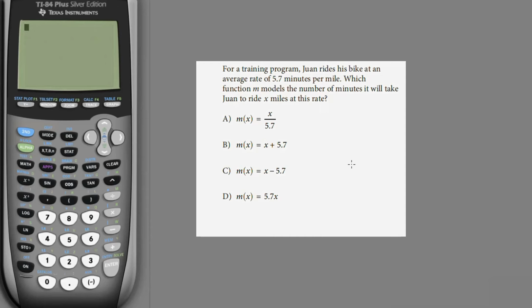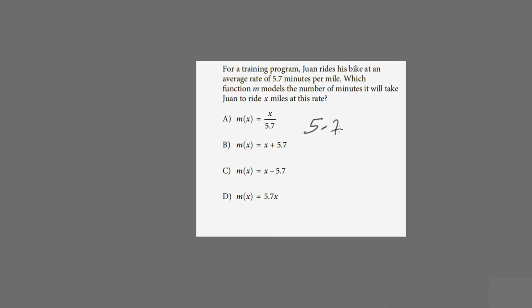Okay, so guys, for this question, this is a simple proportional question. I don't think we need a calculator to solve this, so let's do it together. To show this manually or represent it mathematically, you begin by saying if Juan rides his bike at an average rate of 5.7 minutes per mile, so at 5.7 minutes we have 1 mile.